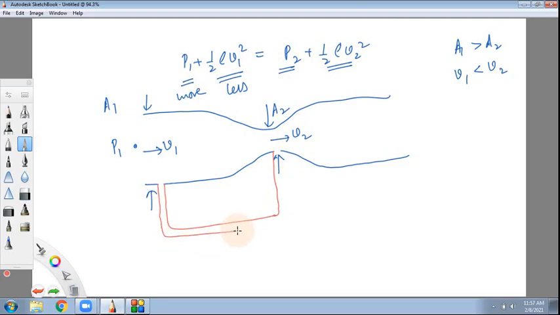So it looks like this. You can have some other liquid here, maybe mercury. Because P1 is more, it is going to press this mercury more, so this mercury will be down and this level of mercury will be up. So this is all mercury. This is called a manometer.